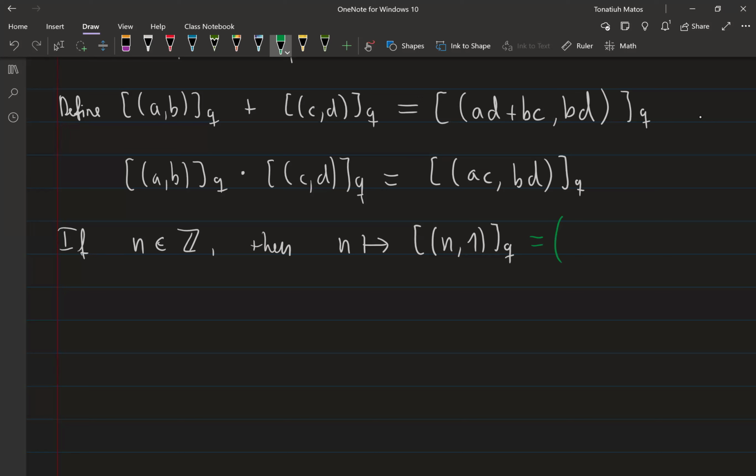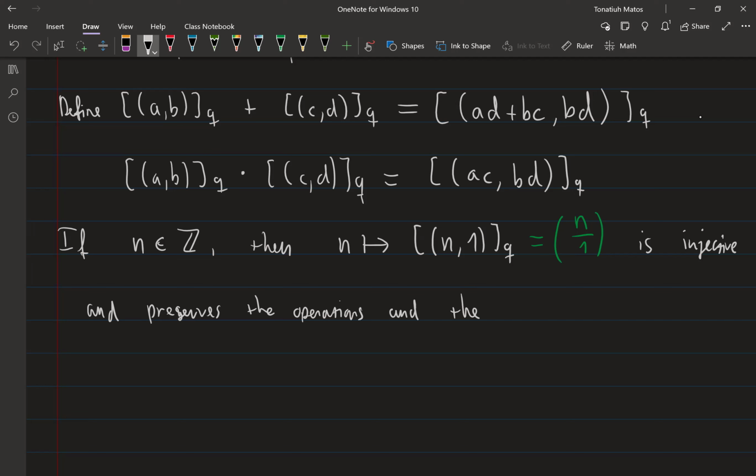Because this is a fraction, and it's dreaming of being n over 1, which of course we would assume is just equal to n. So this function is injective, and as you can easily verify, it preserves everything. It preserves the operations and the order, which I haven't properly defined, but I will.